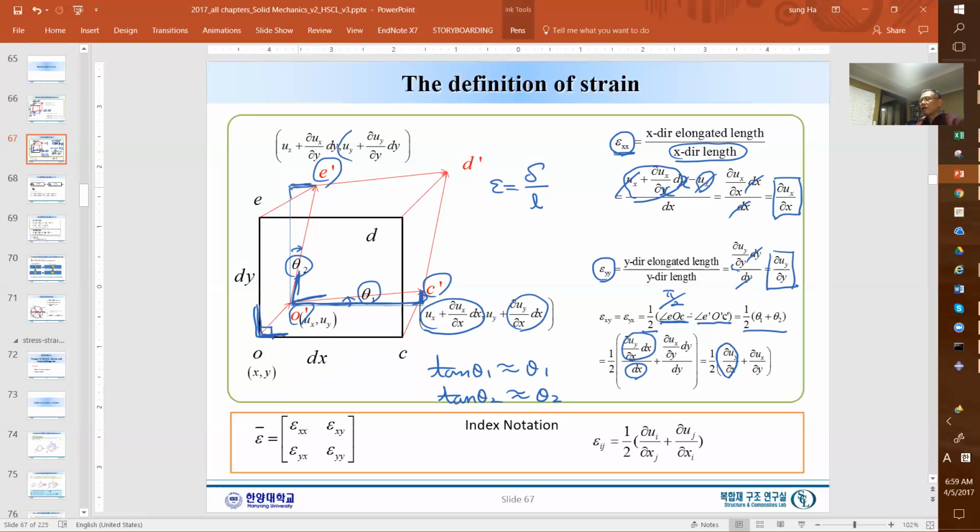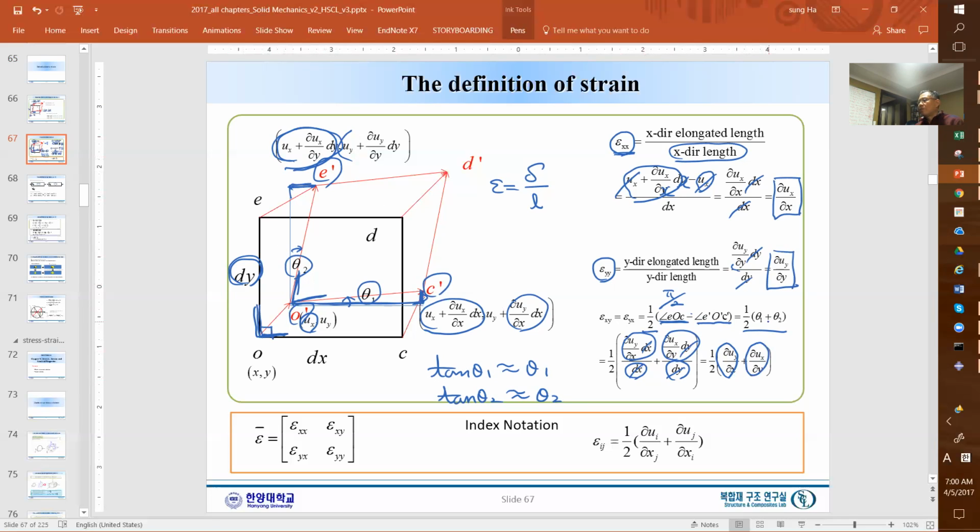Sorry, this one is the x directional displacement divided by dy, and this one minus x will be simply ux, y, and dy divided by dx. So this one and this one disappear, and this one disappeared as well. So this is the final form.